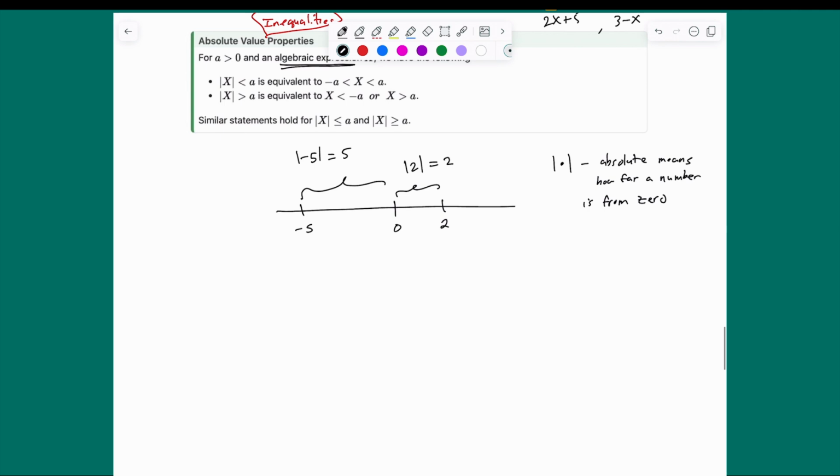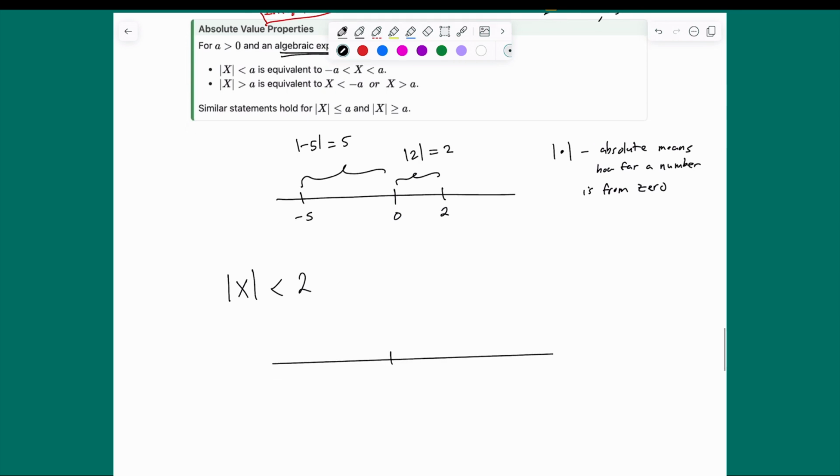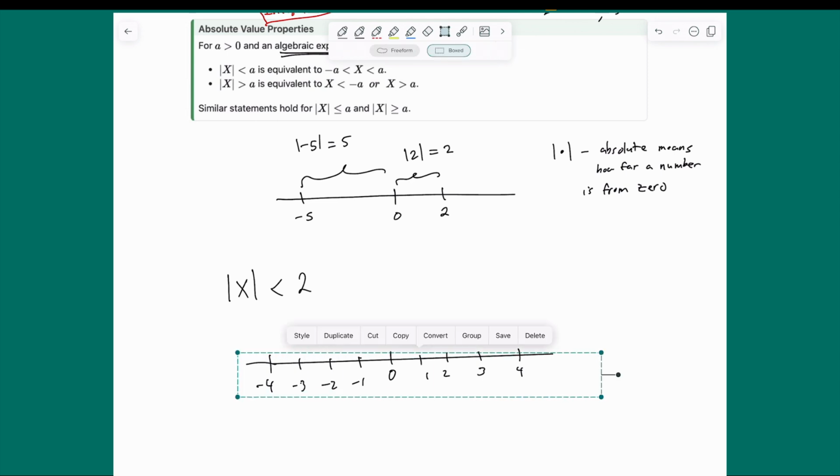So let's take a look at a concrete example. Suppose we have the absolute value of x is less than 2. And let's think about that. Okay, and so we know that here's, say, 0, 1, 2, 3, 4, and -1, -2, -3, -4. All right, and so let's think about that statement there.